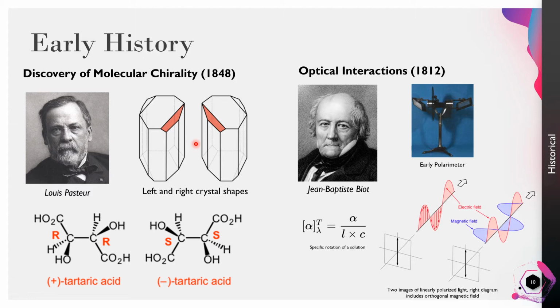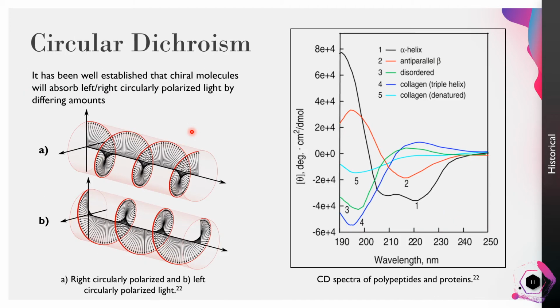And if he dissolved the other enantiomer in solution, it would rotate that linearly polarized light in the opposite direction. A racemic mixture of both crystals would induce no rotation. So this was the discovery here of chirality, and since then there's been much work done.